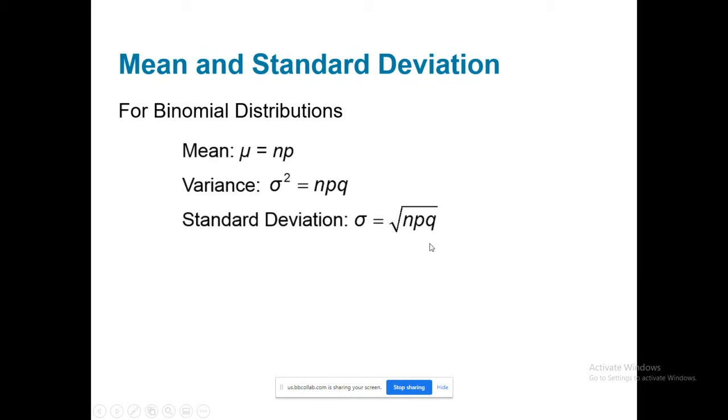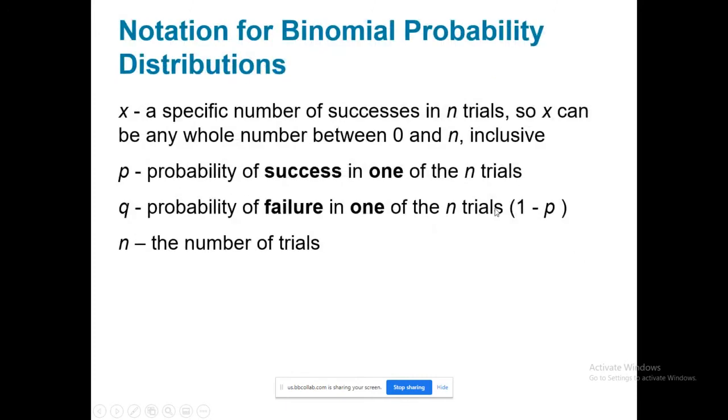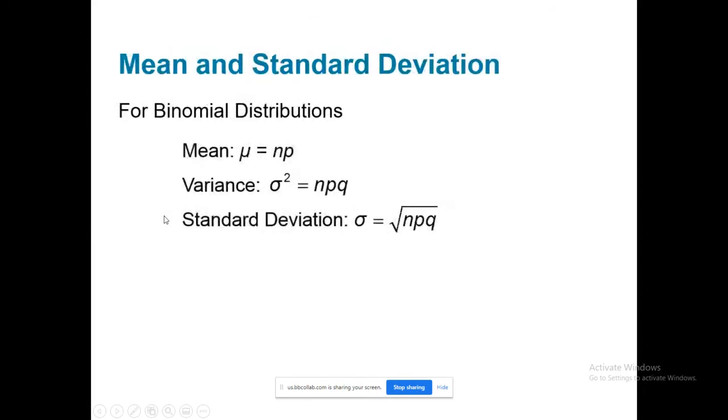A lot of times you won't be given q, but you can calculate q based on p. In order to calculate q, we can use the formula 1 minus p, and that will give us q. And the variance is the square of the standard deviation, so the variance is n times p times q.